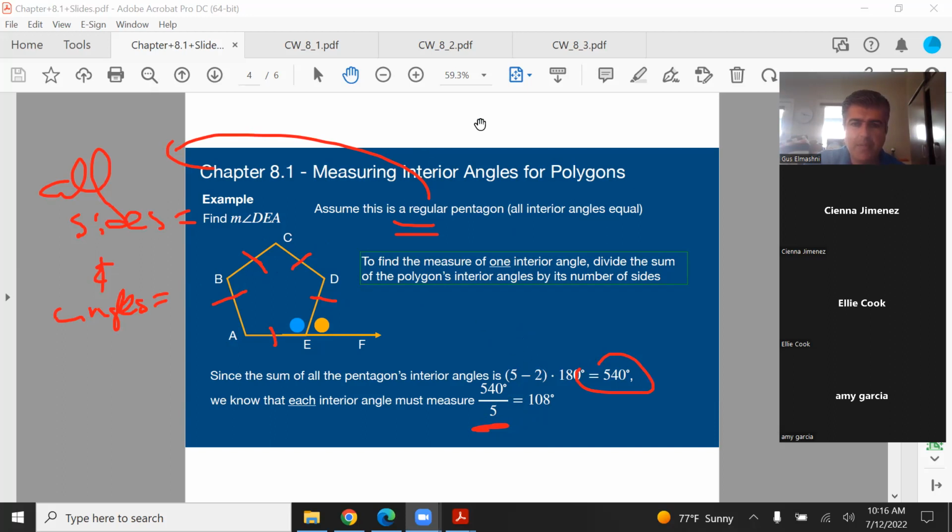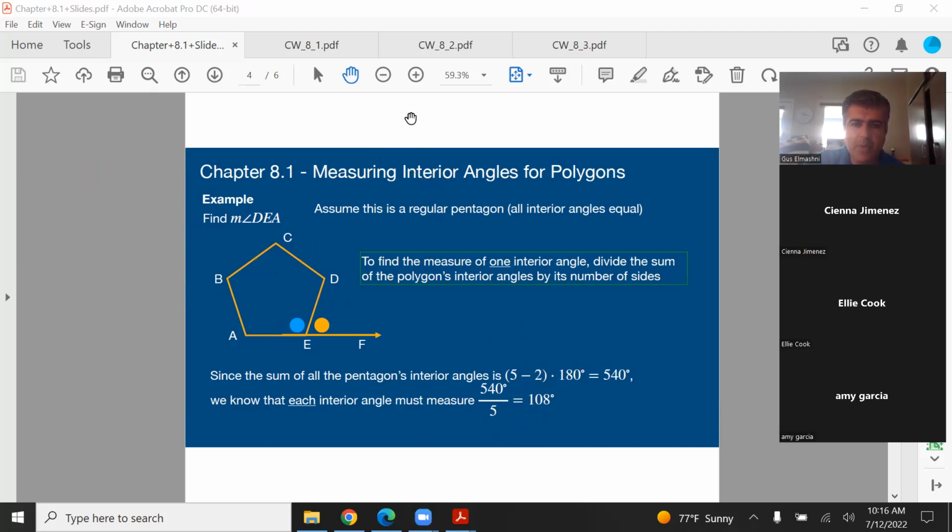So what this means is that if that's 108, then the exterior angle is 72 because that forms a linear pair. So all the exterior angles are 72. This would be 72, this would be 72, this would be 72, and this would be 72. Kind of looks like a ninja star. If you add it all up, or multiply by 5 because you have 5 of them, you get 360 degrees.